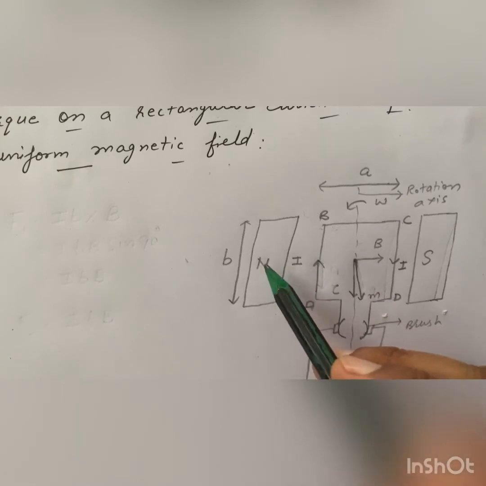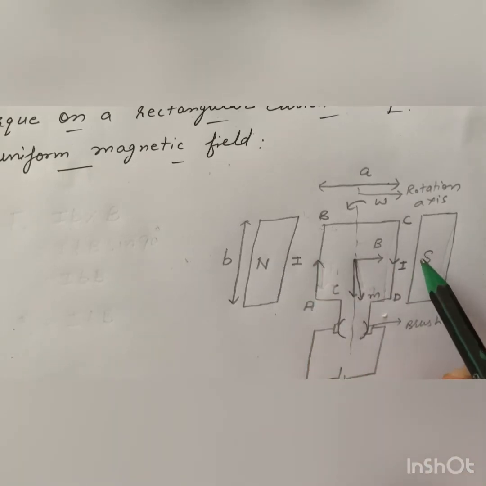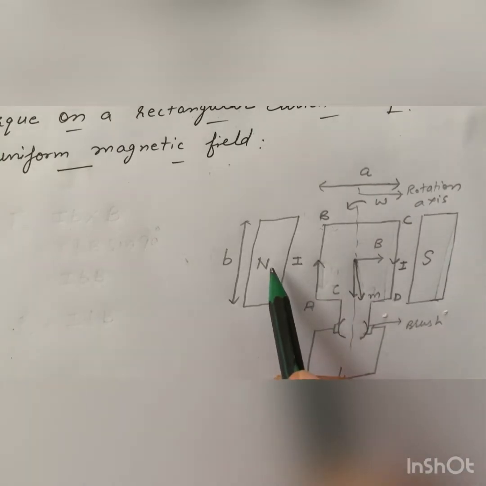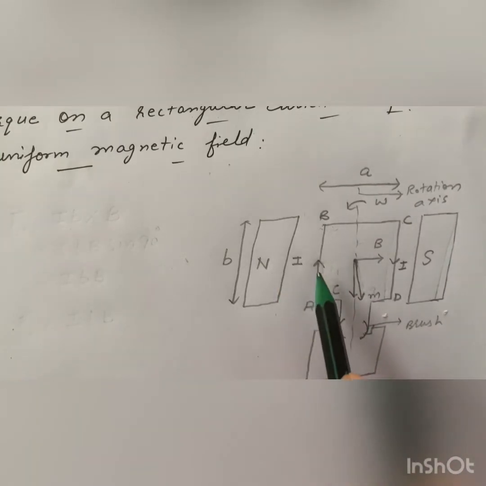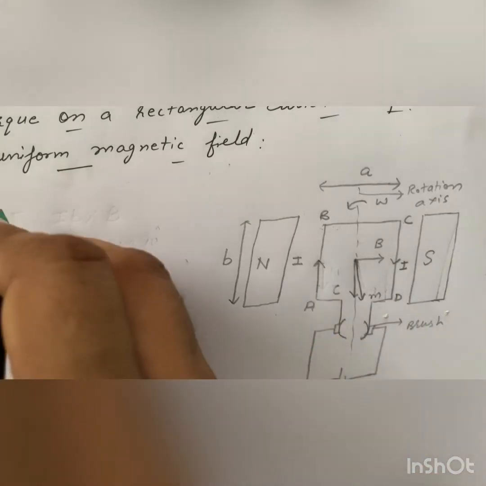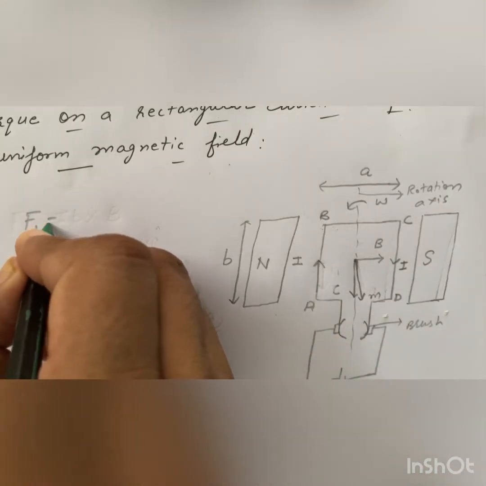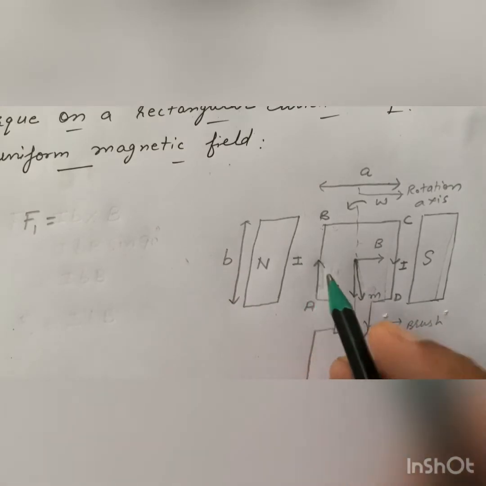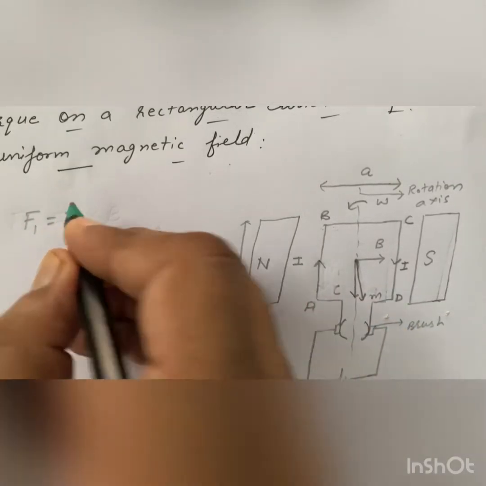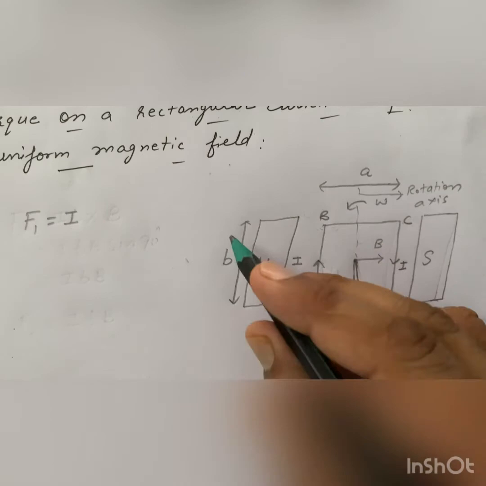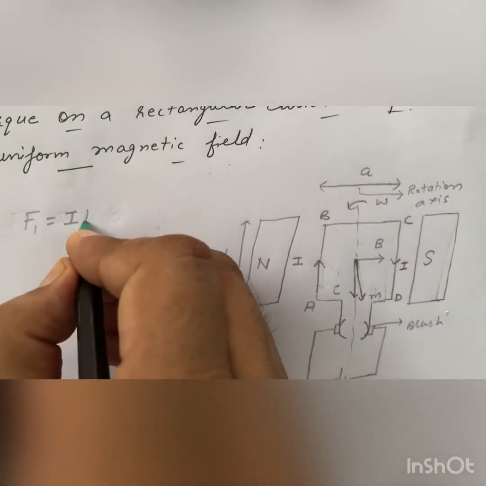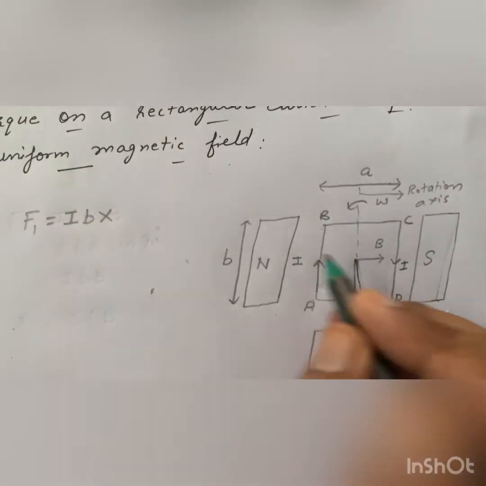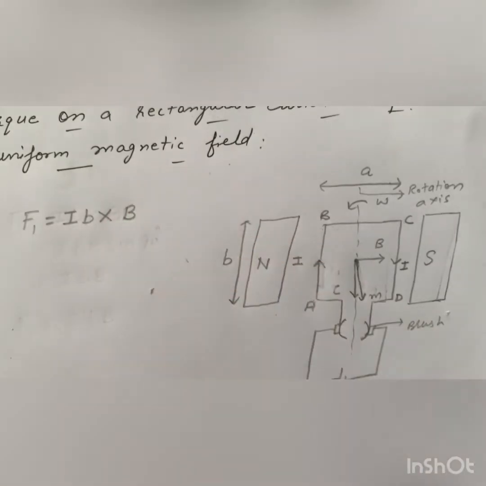It is placed in the magnetic field. We know that a current carrying conductor placed in a magnetic field experiences a force. Say the force is F1, that is equal to I into the length of the conductor, here b, cross the applied magnetic field.